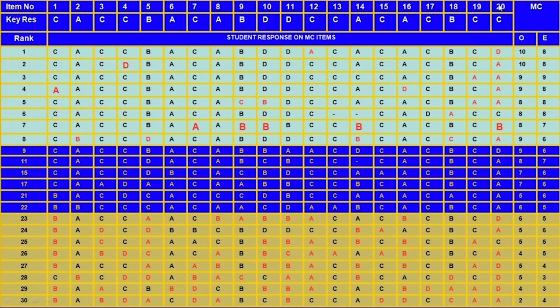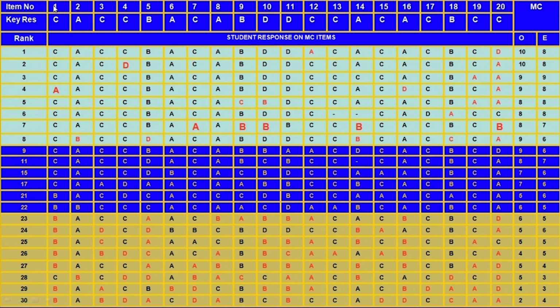Below each multiple choice question is a key response. That means it's a multiple choice question with 4 alternatives. One of them is a correct answer and the other 3 are wrong answers. They are the distractors. So there's 1 right answer and 3 distractors.